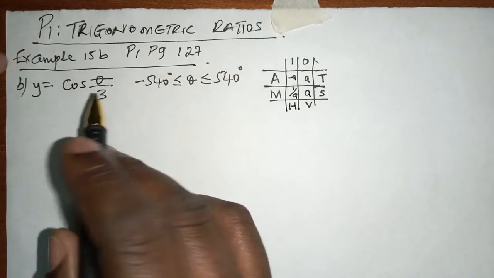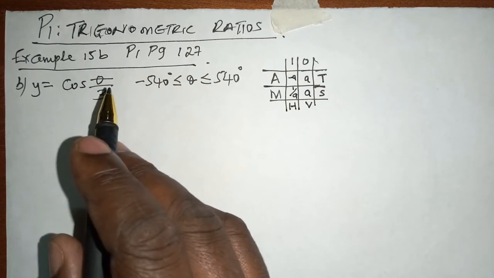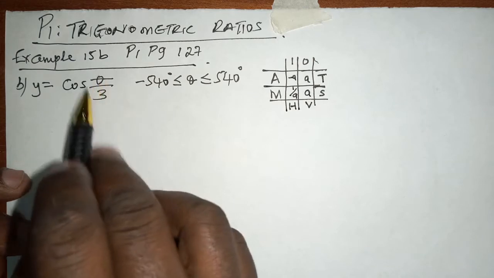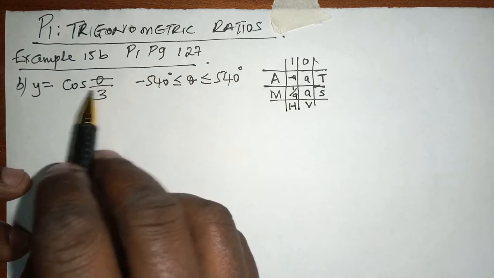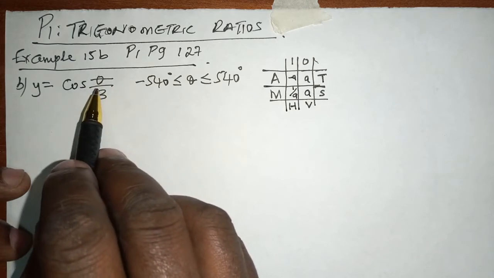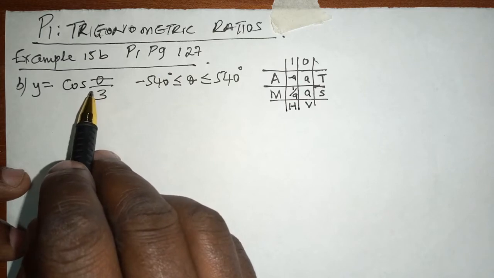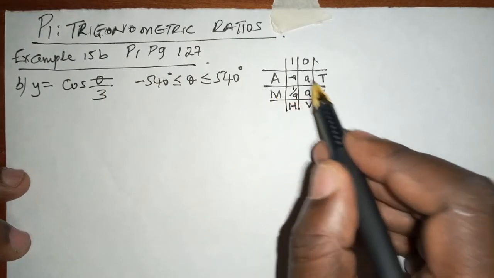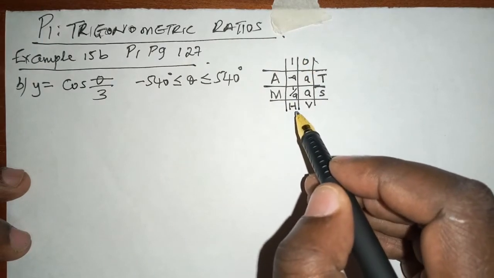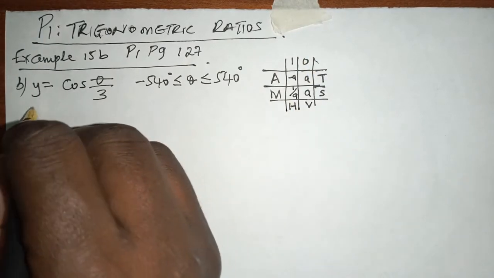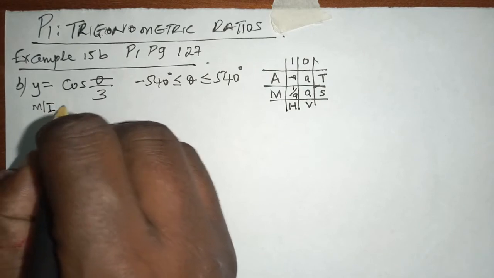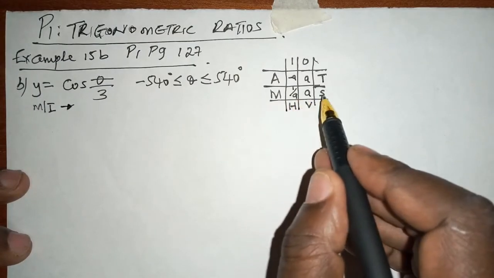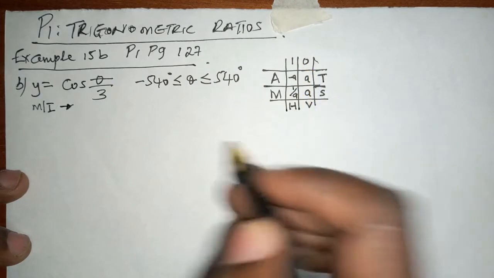We can already see that the theta is affected by a coefficient which is a third. So this is simply multiplication inside, and multiplication inside is horizontal. Every multiplication is a stretch, and inside is horizontal.